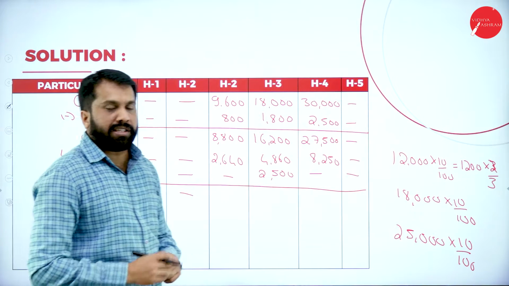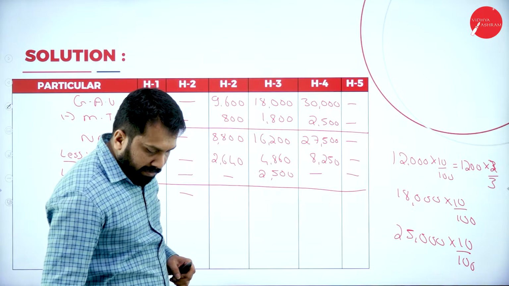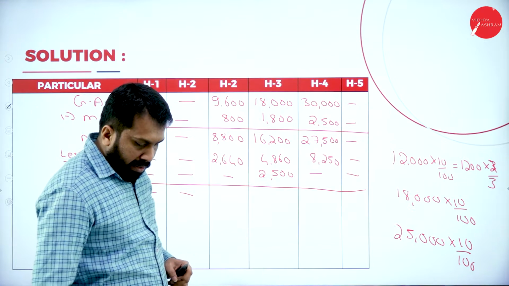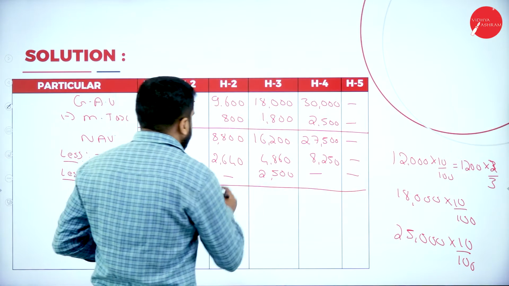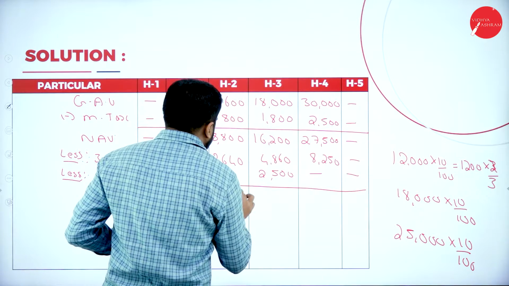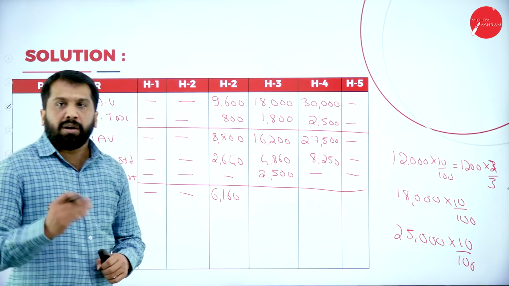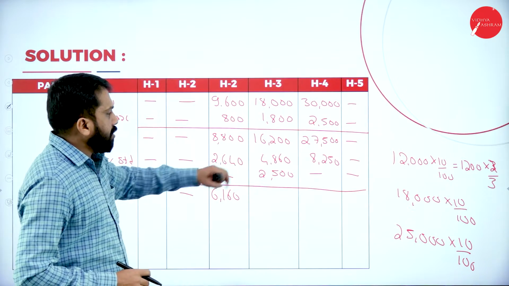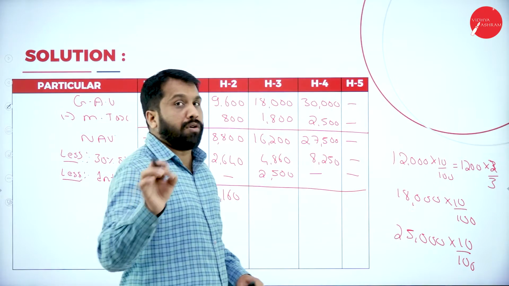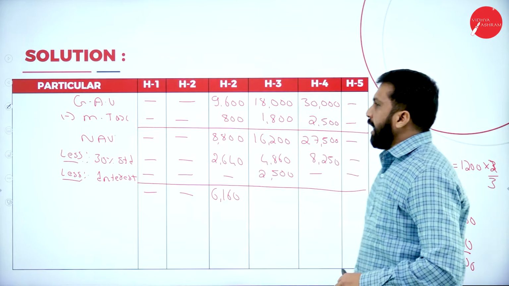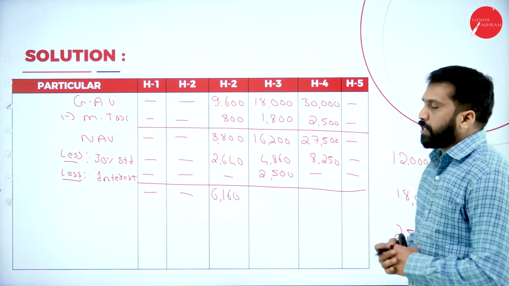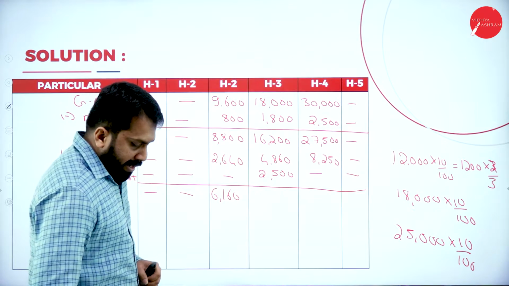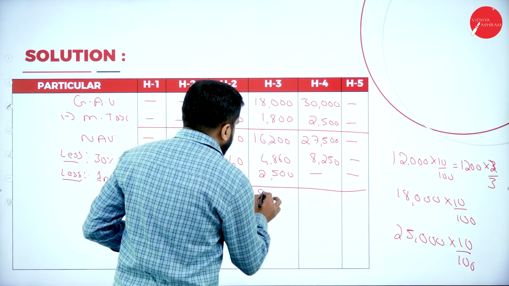Now we will minus and find out the answer. 8,800 minus 2,640. I'll calculate and let you know. It will be 6,160. What about the second one? If you calculate 16,200 minus 4,860 as well as 2,500, we'll minus both. You will get 8,840.